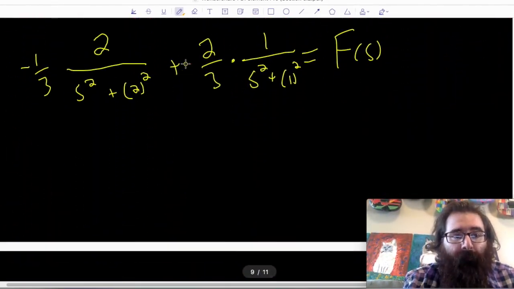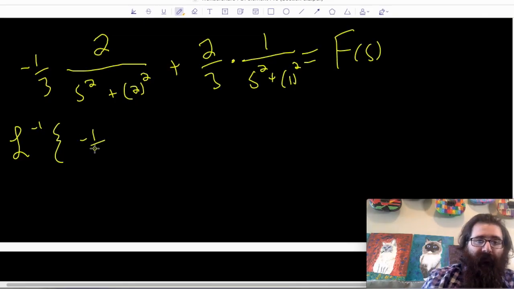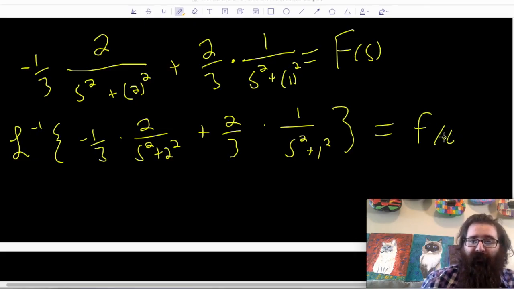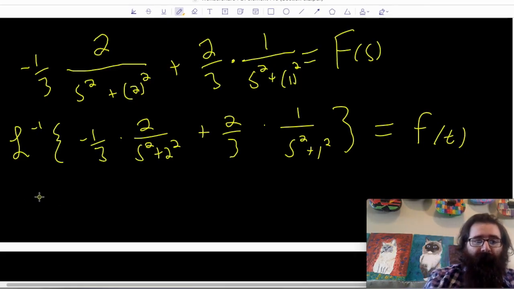Here we were. So then if I apply Laplace inverse to this negative 1/3 times 2 over s squared plus 2 squared plus 2/3 times 1 over s squared plus 1 squared, then this is going to give me my function, little f at t or little x at t, back out however you want to call it. Let me call it little x at t since I've been doing that.